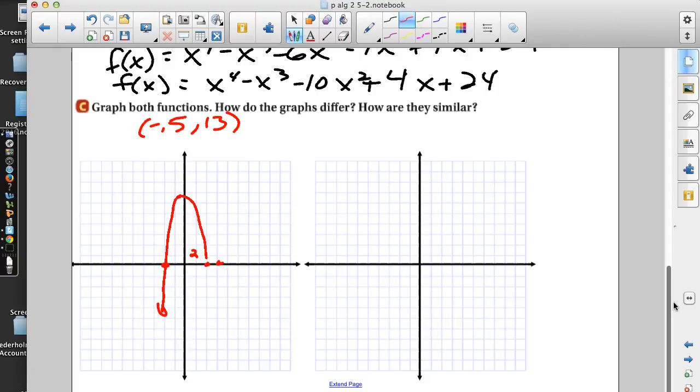And then we have a little dip below 0 for our minimum. So 2.5, negative 1.1.